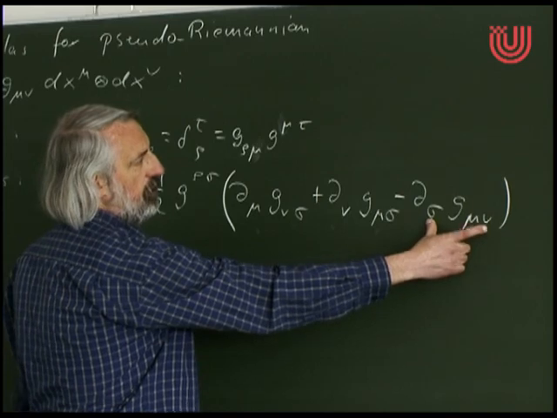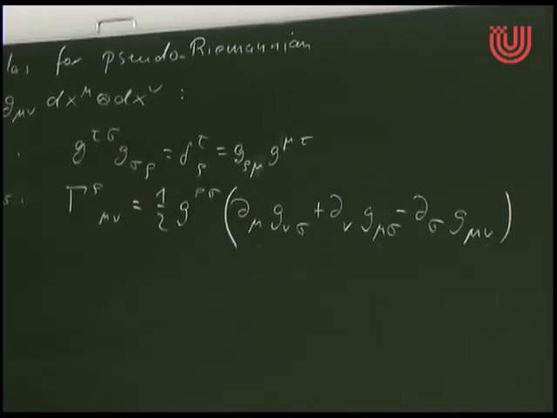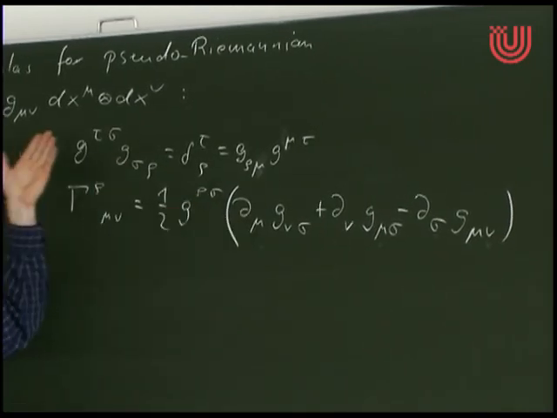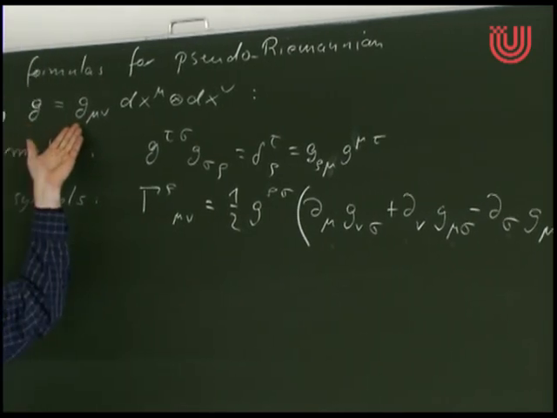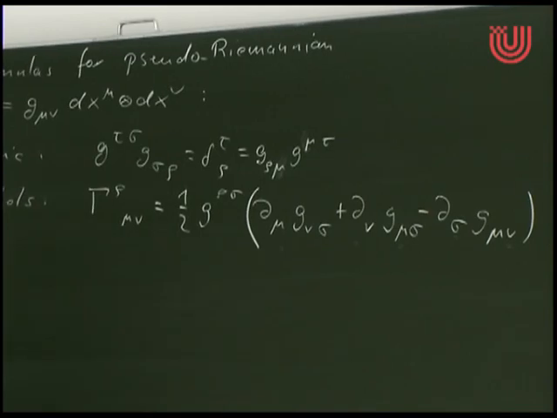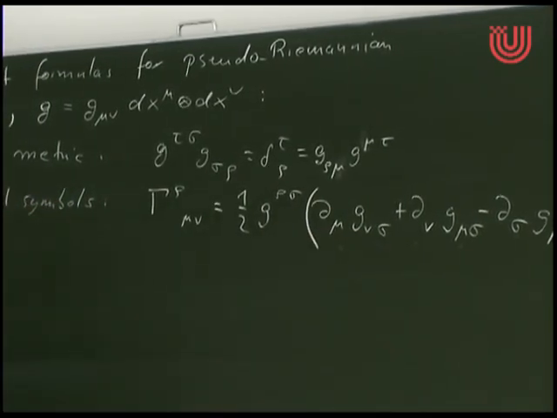And this is symmetric, so it remains unchanged if I swap the indices. So that's the Christoffel symbols, what we had last time. They come about by differentiating the G mu nu once. They are expressed in terms of first derivatives of the G mu nu. So if I have the G mu nu's, then I can calculate this just by differentiating.